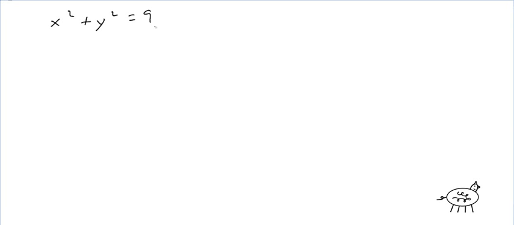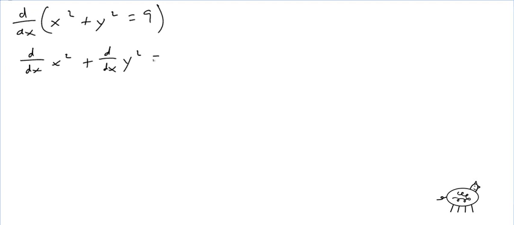It makes it messy when you're trying to come up with one function for the derivative. So what we're going to do is take the derivative implicitly, which means I'm going to do d by dx of that whole function. So I'm showing a lot of steps here. d by dx of x squared plus d by dx of y squared equals d by dx of 9. Well, the first one's really easy. d by dx of x squared is just 2x.